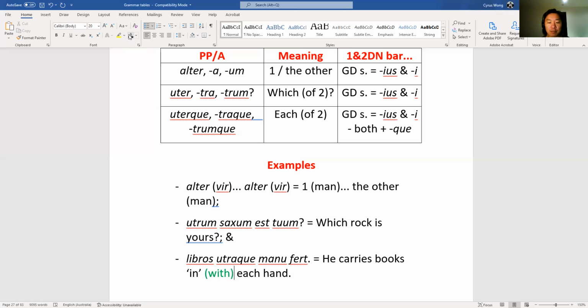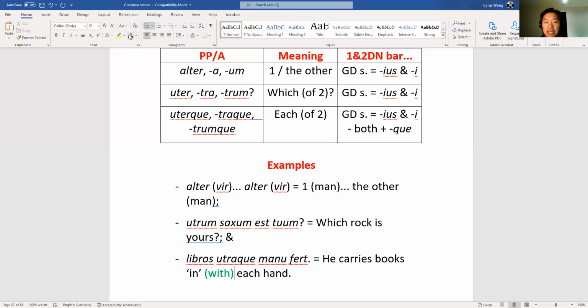So when you're talking about things like hands and feet, body parts where you have two of them, you can talk about one or the other, which of two or each of two. So he carries books in each hand. You don't have to say in utraque manu, you can just say utraque manu. It's literally with each hand. So that's basically it.